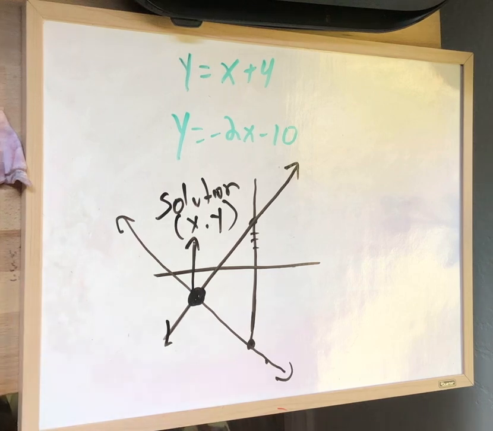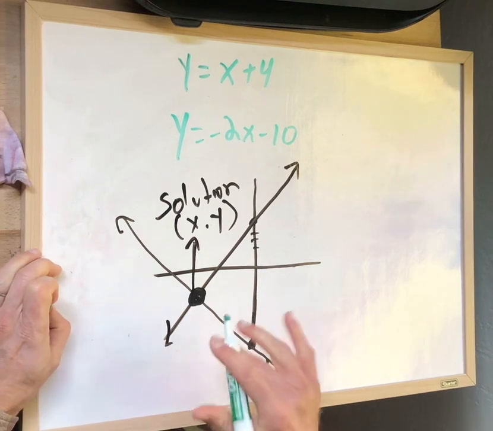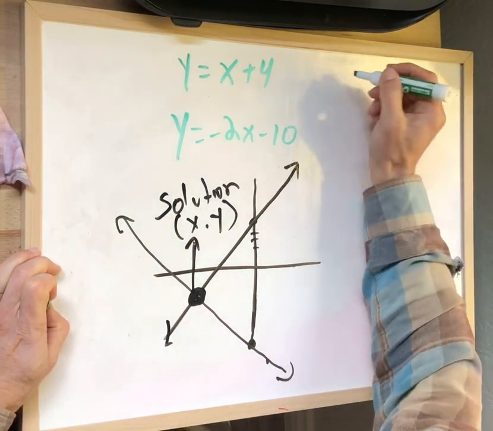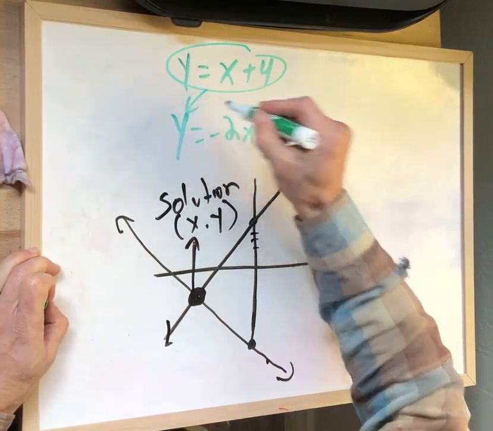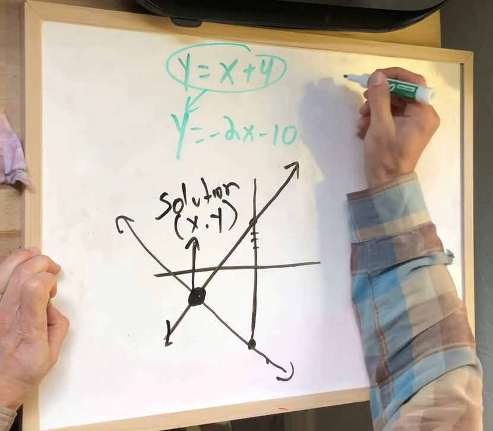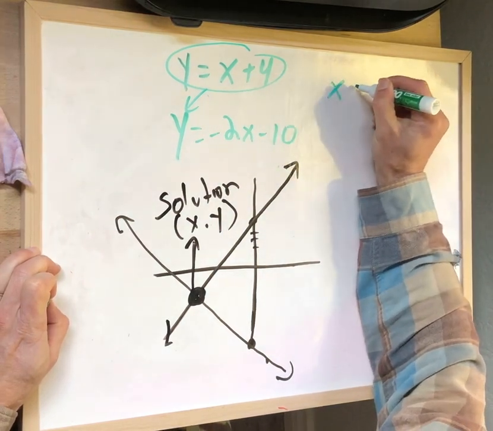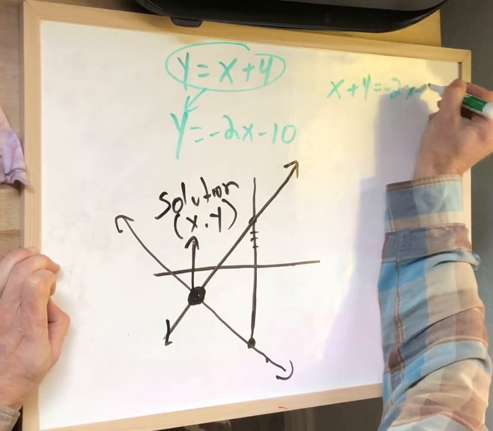And then you were taught a couple of different ways to solve, either by substitution or elimination in IM1 and IM2. The easiest way is to substitute, or, broken down even more simply, set them equal to each other, because you're trying to figure out where x plus 4 actually equals negative 2x minus 10.